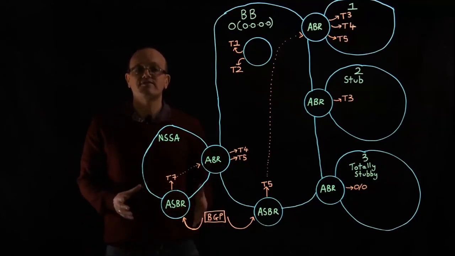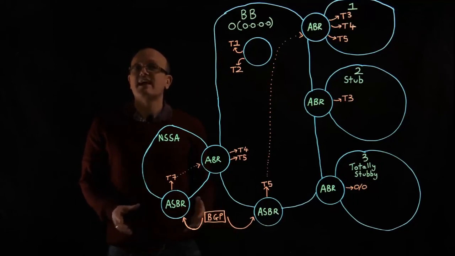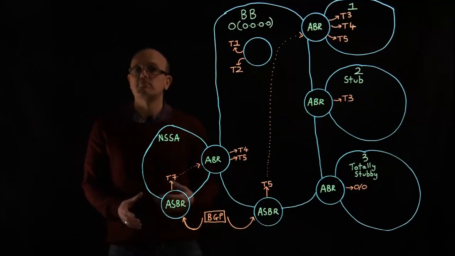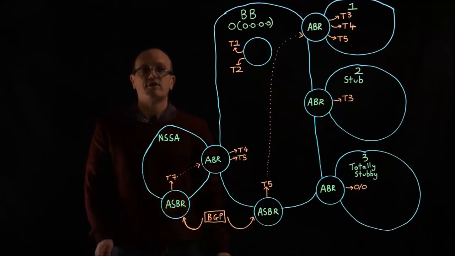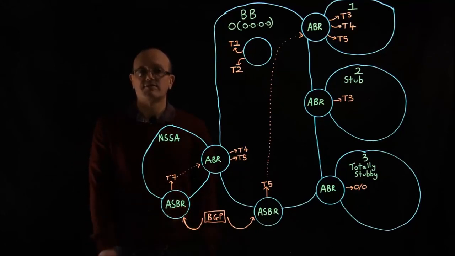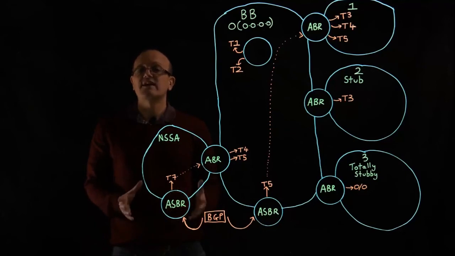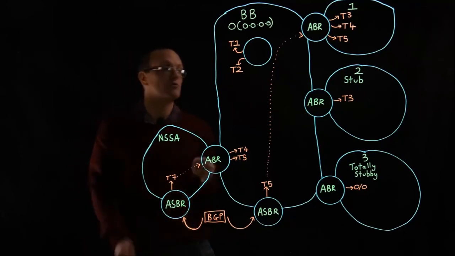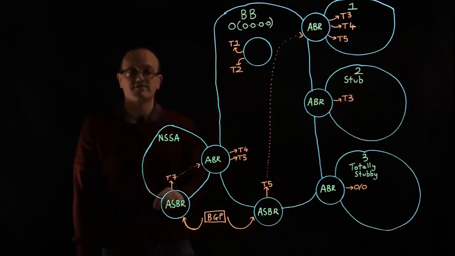Sometimes this amount of scaling improvement still isn't enough to support much smaller routers that are deployed in very high numbers. So we can take this scaling approach still further, and we can deploy what's called stub areas.